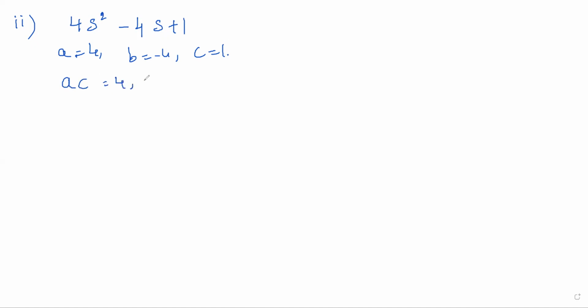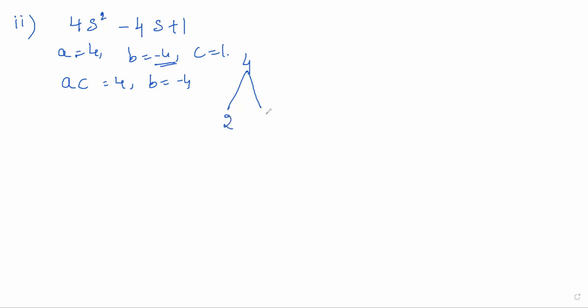That is 4 into 1 is 4, B is equal to minus 4. See, the product should be 4 and the sum of the two numbers should be minus 4.